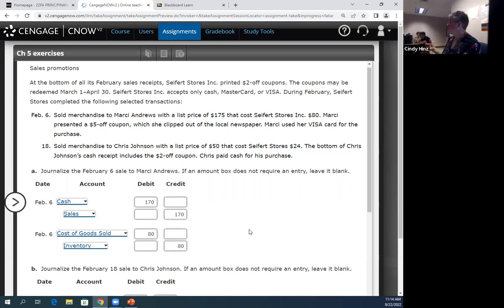Taking that one step further, what if these were not coupons, but instead they were gift cards? So somebody actually already paid the store and bought, let's say, a $50 gift card. And the store now owes $50 worth of merchandise to whoever has that gift card. That's a very different issue.